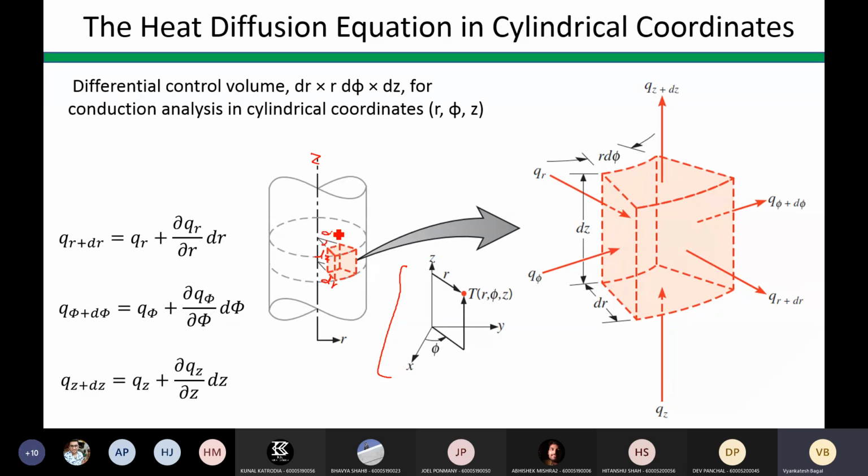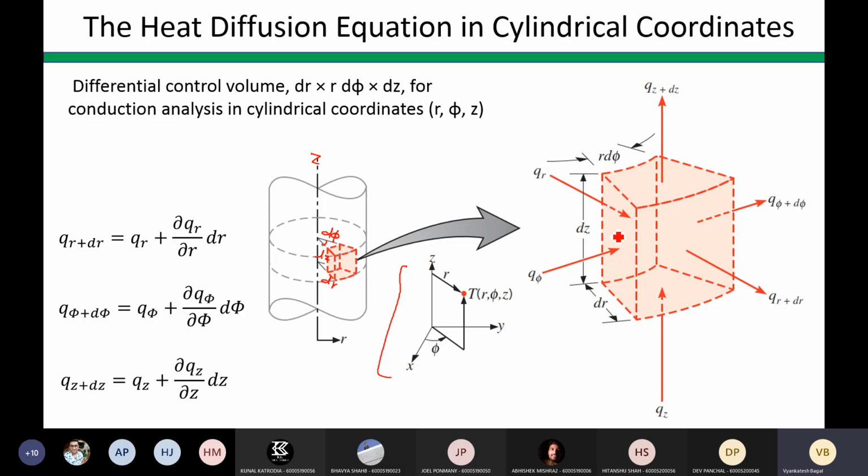This dimension is d phi, it is changing, and as this length changes with respect to the radius, the length is given as r d phi. Notation is phi, excuse me, not theta. So this length will be r d phi.